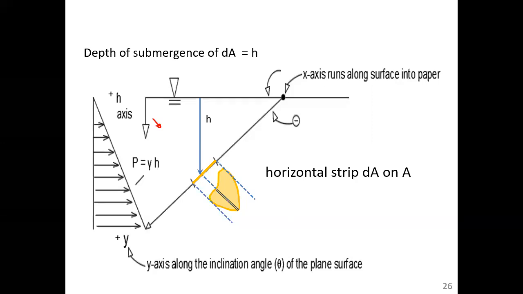So when I look down on the object, what you're looking at is the x-axis, and this will be on the next slide. The x-axis actually runs along the fluid surface, into and out of the page when you're looking at it from the edge. When you look down on it from this vantage point, you're able to see that the x-axis is running along the surface.